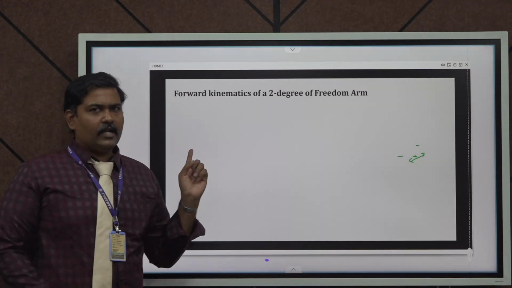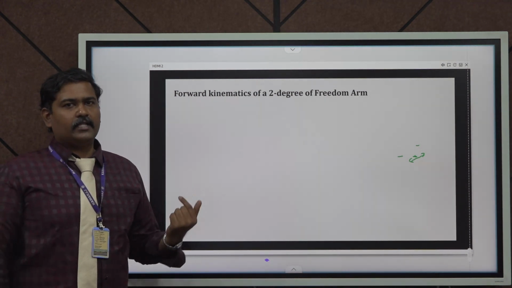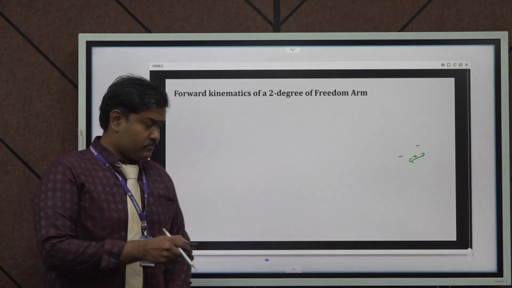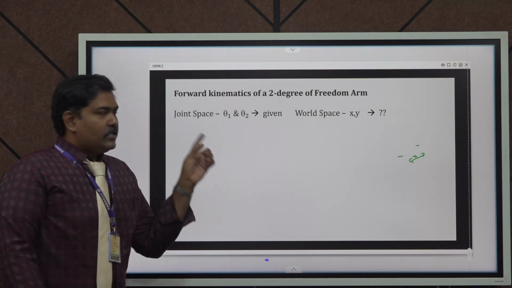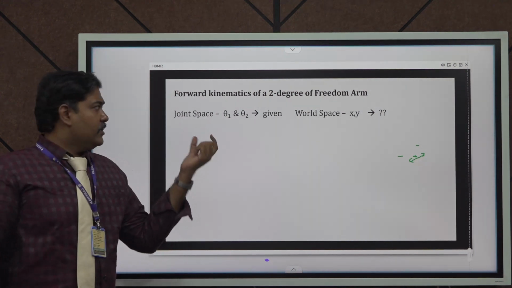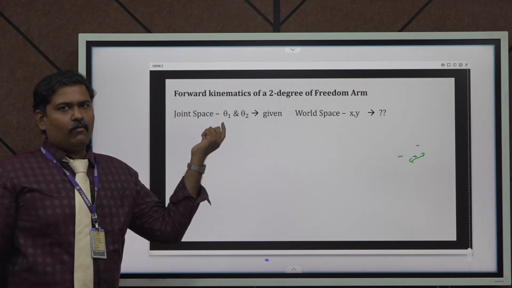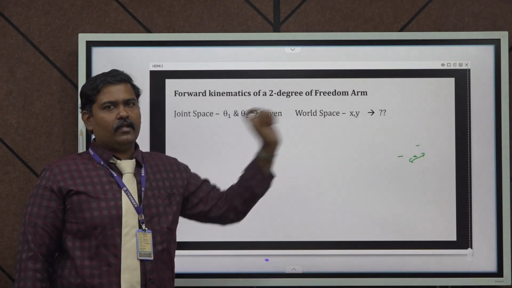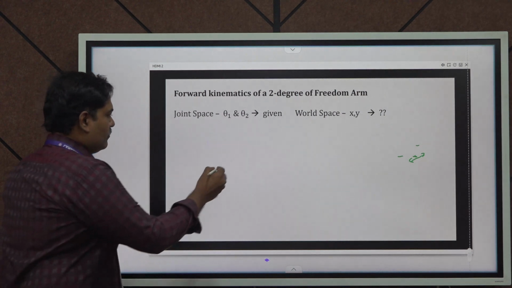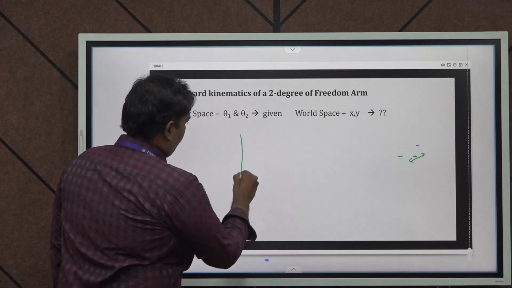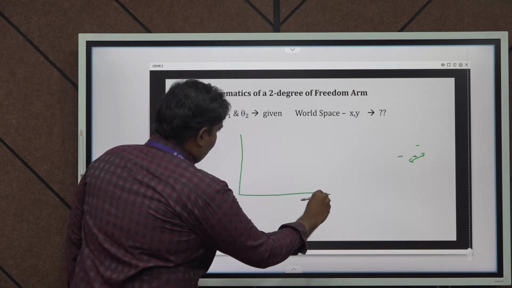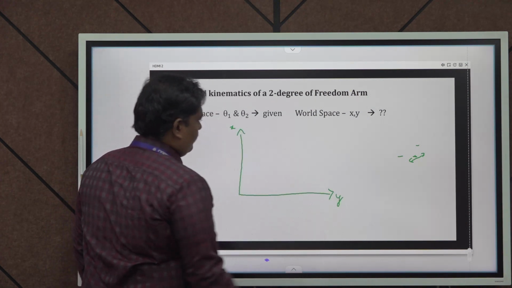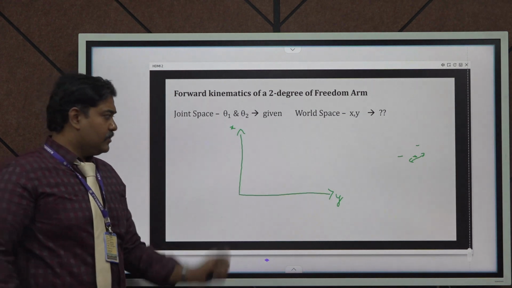In this slide, we are going to derive an expression for the forward kinematics of a 2 degrees of freedom arm. Since this is a forward kinematics problem, joint space is given, that is theta 1 and theta 2, and we have to find the world space x, y. I have drawn the XY axis.